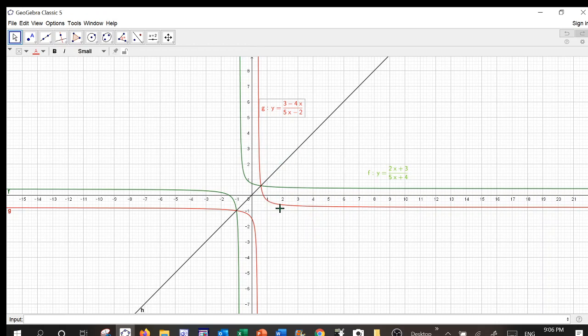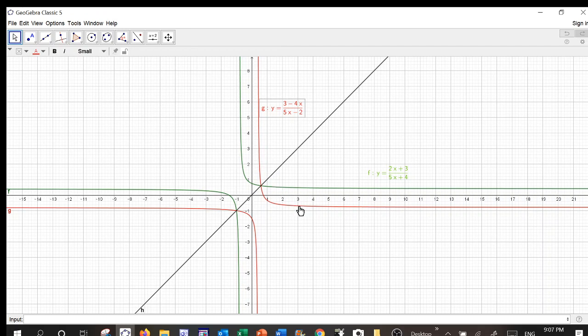Every point on the red one, let's say this point right here, if you connect it to this line and go to the other side, you get a point. Every point on the green one has a friend on the red one.